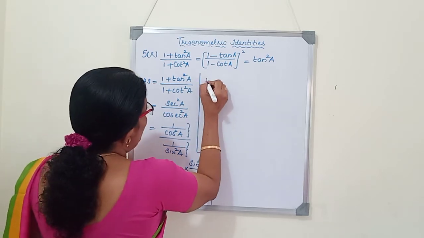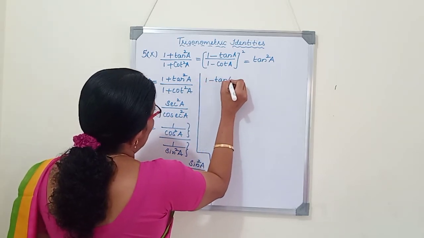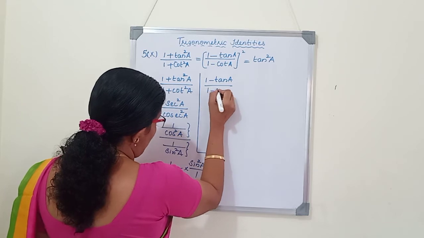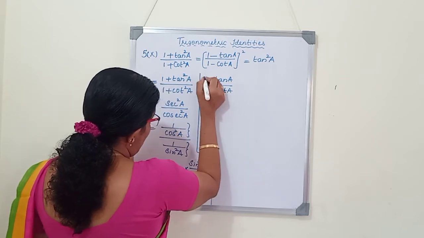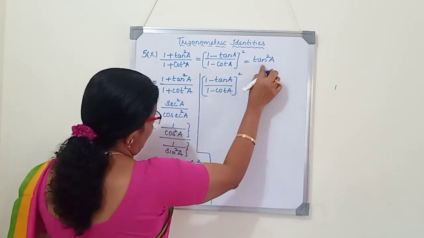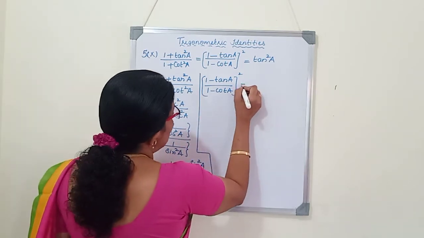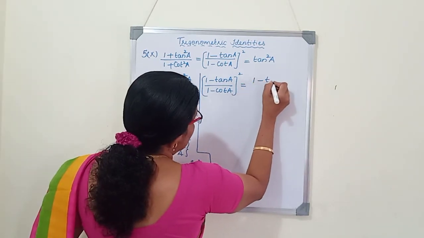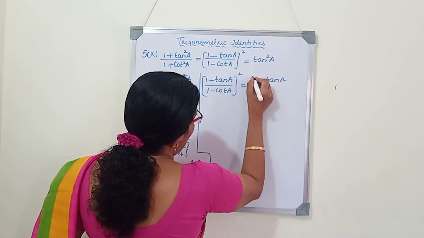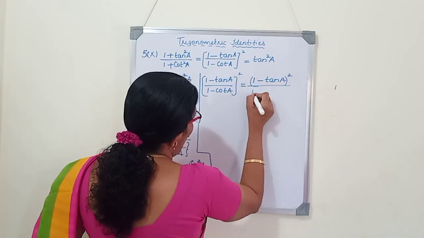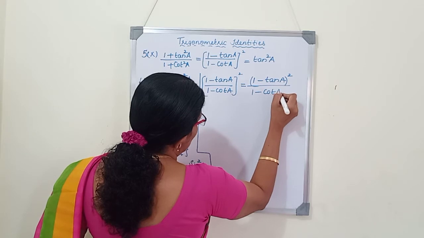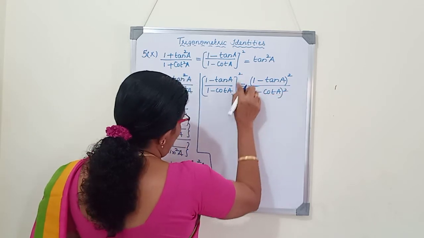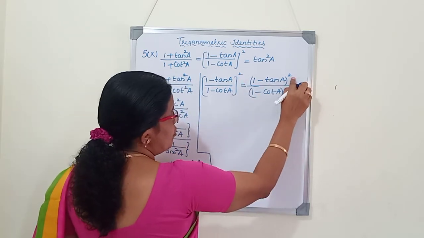That is (1 minus tan A) the whole by (1 minus cot A) the whole square is equal to tan square A, we have to prove. So first we have to separate the squares. That is (1 minus tan A) the whole square divided by (1 minus cot A) the whole square. We separated the numerator and denominator and put the square.